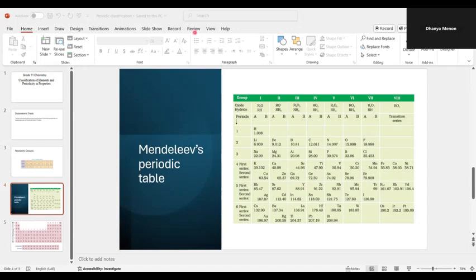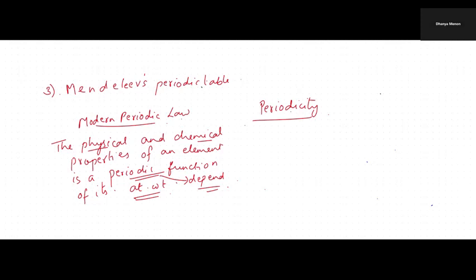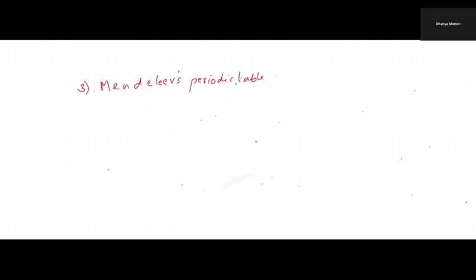Some of the defects seen in Mendeleev's periodic table were, the first one, grouping of elements with dissimilar properties.